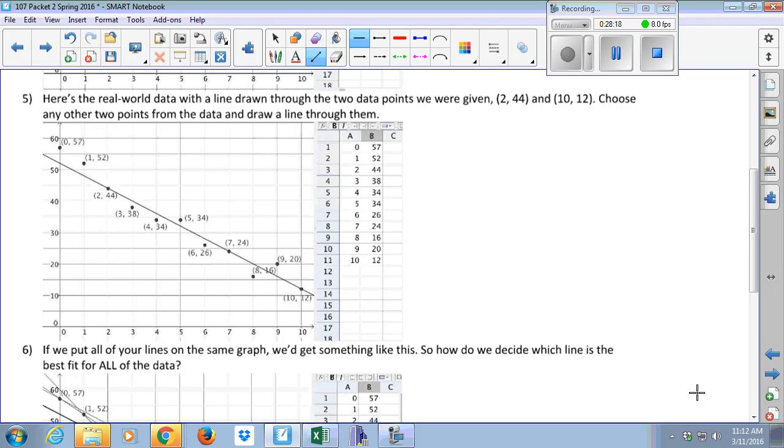Use your ruler or your folder or your Math Studio bookmark. Just draw a line that you think fits it better. When you think about trying to draw a line that we say is a line of best fit, what sort of thing are you keeping in mind? I mean, would you draw a line like this?